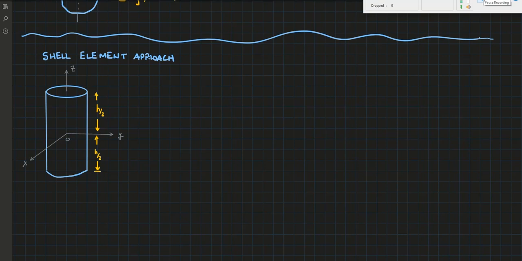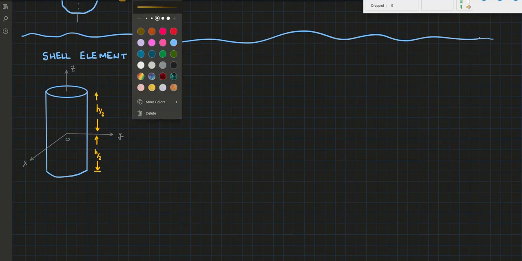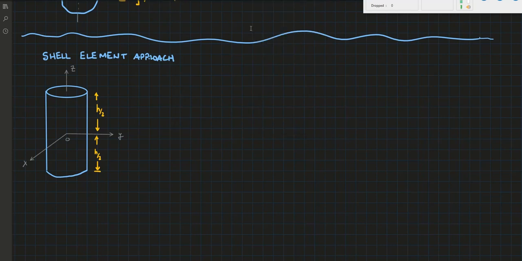So let's use the shell element approach to determine our moment of inertia about the z-axis for this right circular cylinder of height h and some radius r.